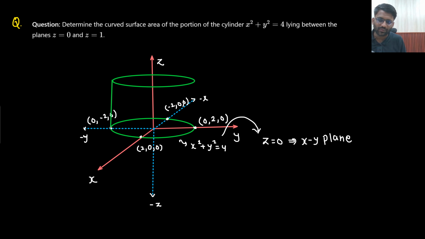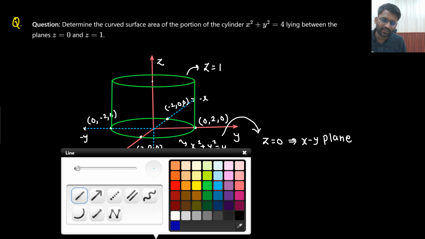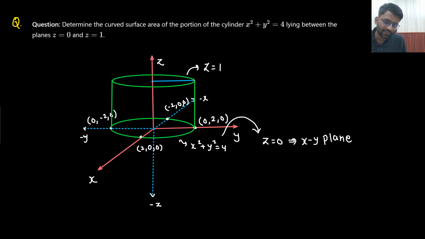Here your z is equals to 1. And what will be the radius here?